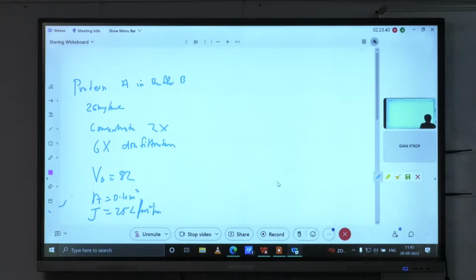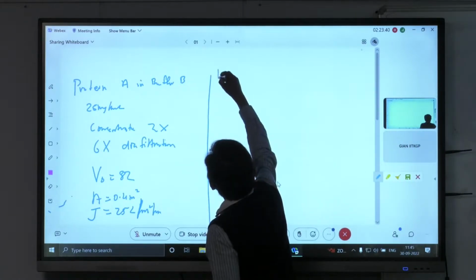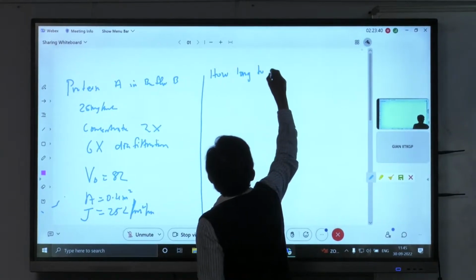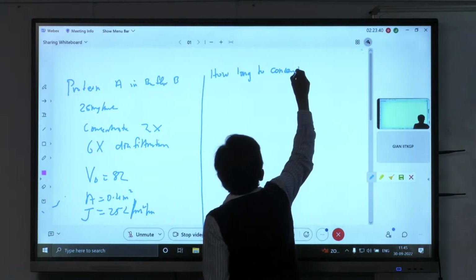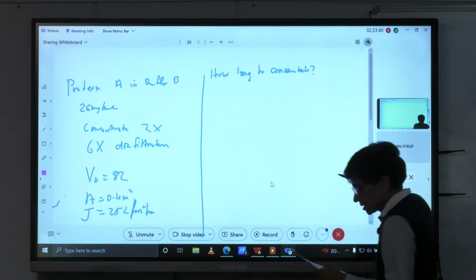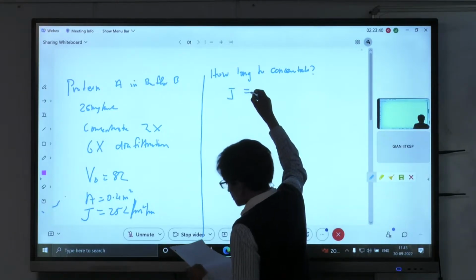That's the first question. So, we're going to do concentration first. How long to concentrate? So I think 2 of you had done this. This is really very simple, right? You know the flux, J is equal to what?